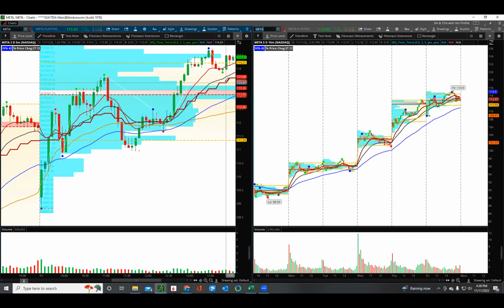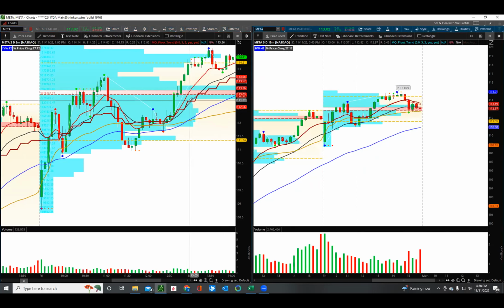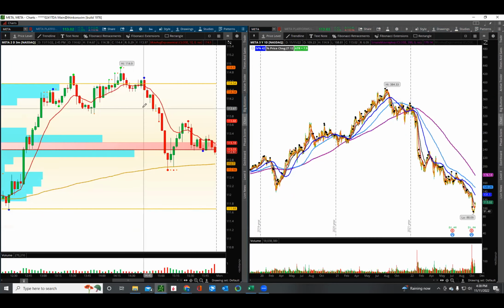I have an indicator that will plot a higher time frame indicator for me, so I don't have to go into it. If I zoom in here, this jagged red line is the same as this red line, right? I just know looking at it that on the smaller time frame chart, that's the 15. And here's the VWAP.